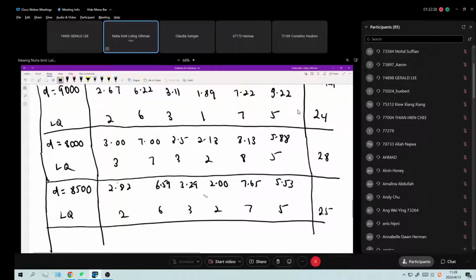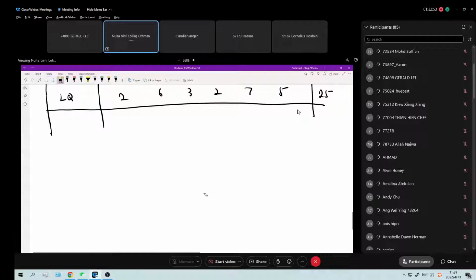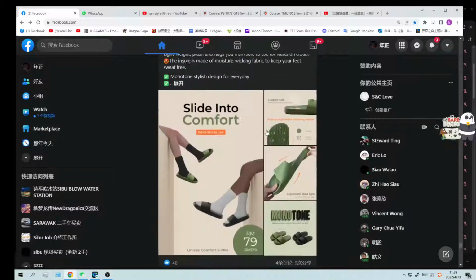Like the Jefferson method, we keep guessing the modified divisor until we get the correct seats.